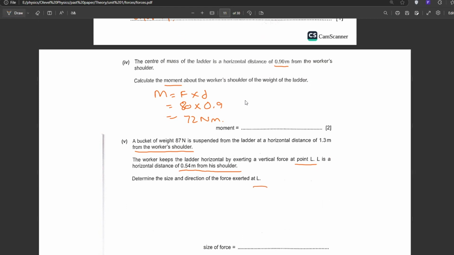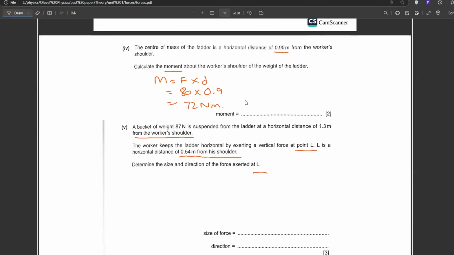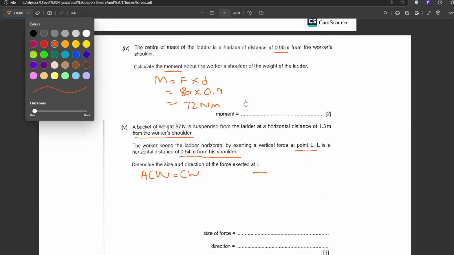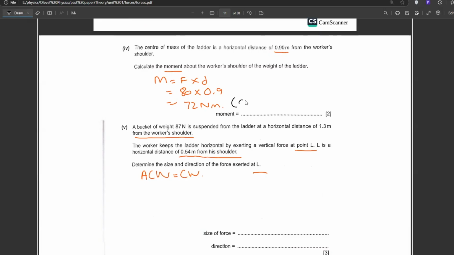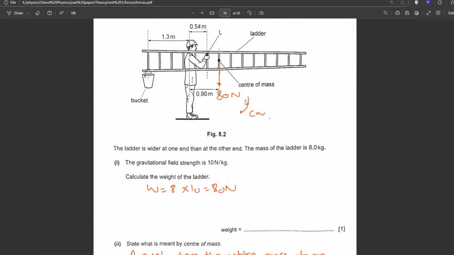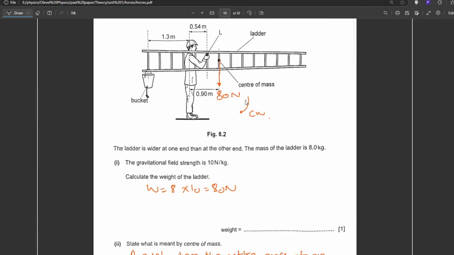So basically, if you are keeping the ladder horizontal, that means anti-clockwise moments must be equal to clockwise moments. Currently, the weight of the ladder is generating clockwise moments. Let's see what the bucket is doing. The bucket has a weight of 87 newtons, and it is a distance of 1.3 meters from the shoulder of the person.